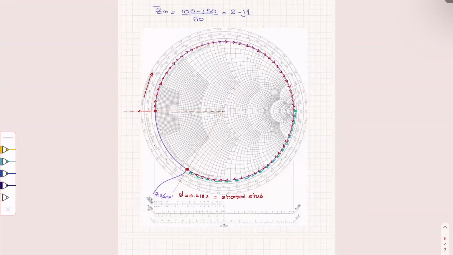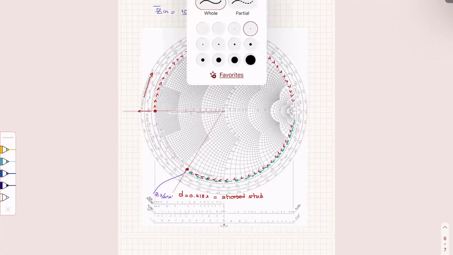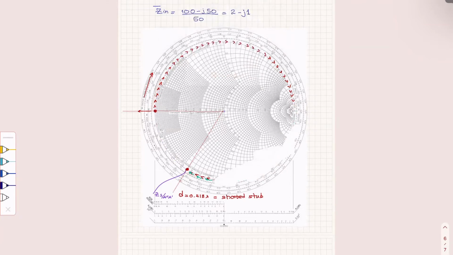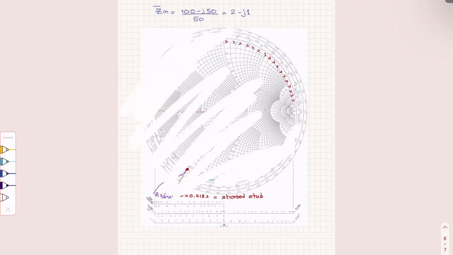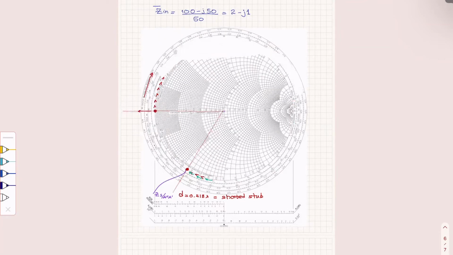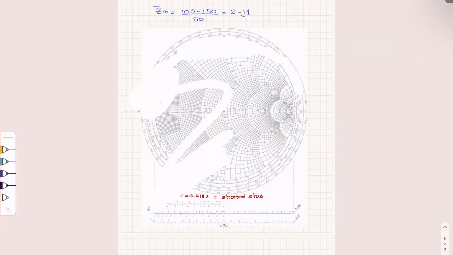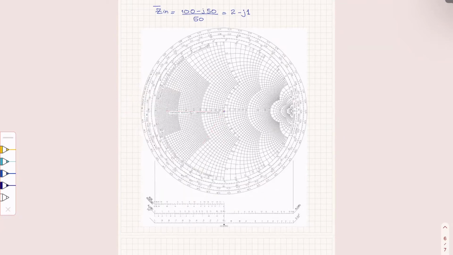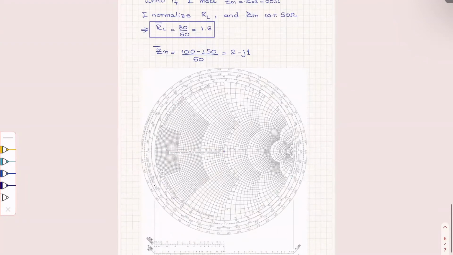Now I'm going to place on the Smith chart R sub L and then Z input.